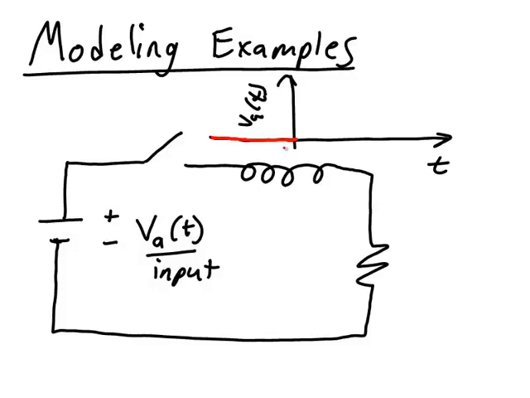At time 0, the switch closes. Since the battery is a single voltage source, the voltage would suddenly jump at time 0 up to the value of the battery. And since the switch remains closed, the input, the voltage, will remain at that level. Putting a switch into a circuit allows us to apply a step input to the circuit.